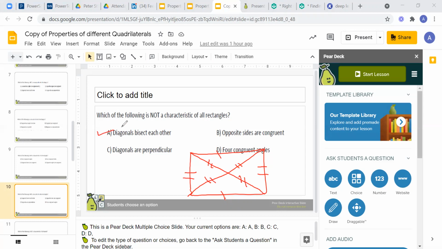This is right. And the B you chose before says opposite sides are congruent. As you can see, this equals this, and left equals right. So this is right. You are left with C and D. Which one is wrong? C. The angle that is formed here is not a right angle, so this is wrong. And D has 4 congruent angles. Each of these angles is 90 degrees. So the wrong answer is C here.